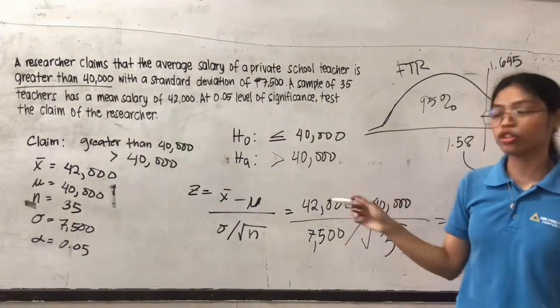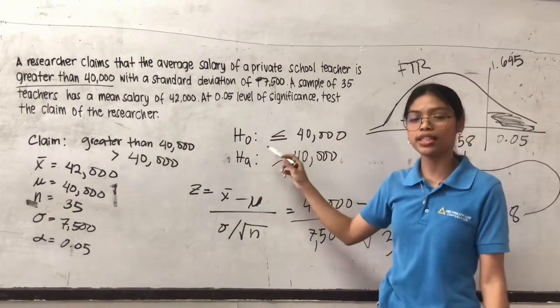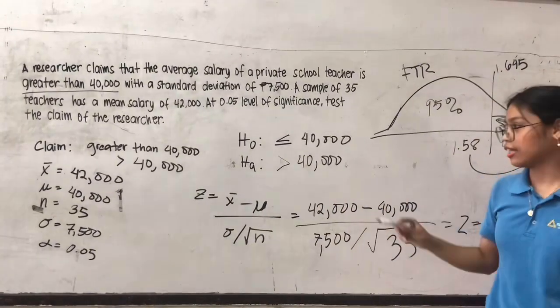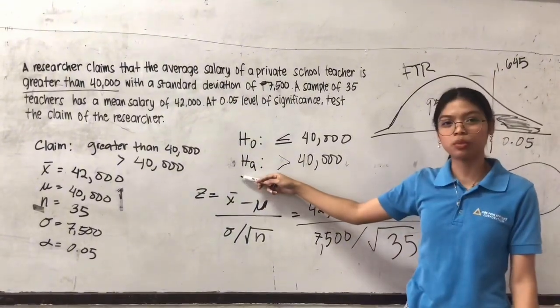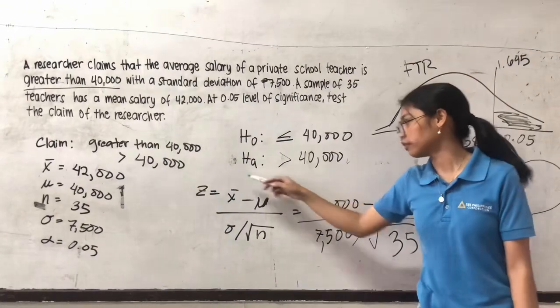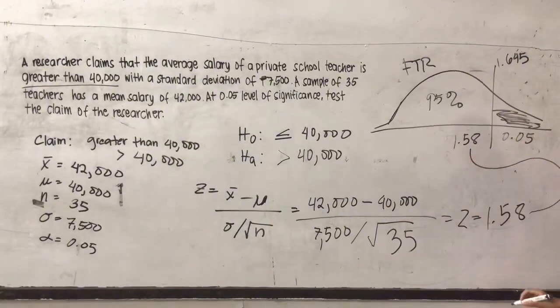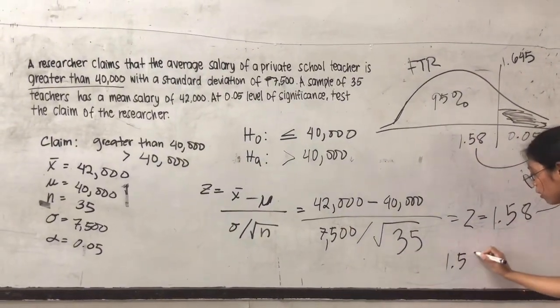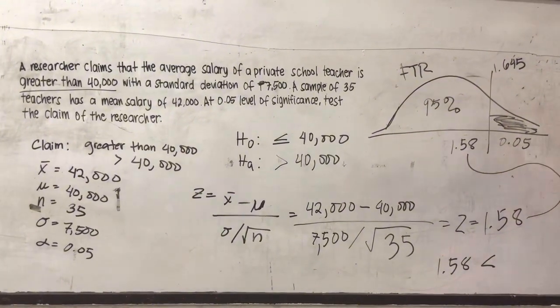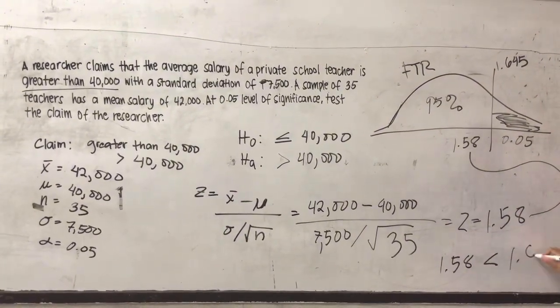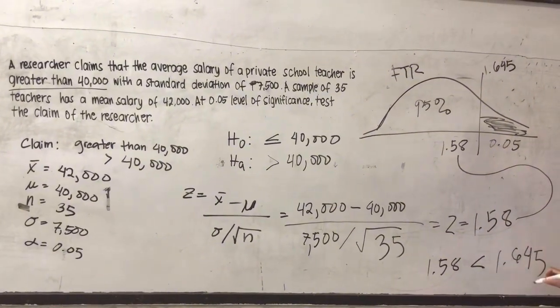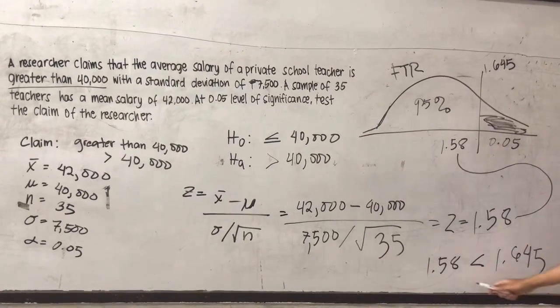That leads to our conclusion that our null hypothesis will be accepted and our alternative hypothesis will be rejected, because 1.58 is less than 1.645, which is our critical value.